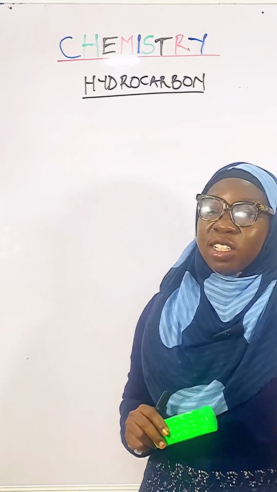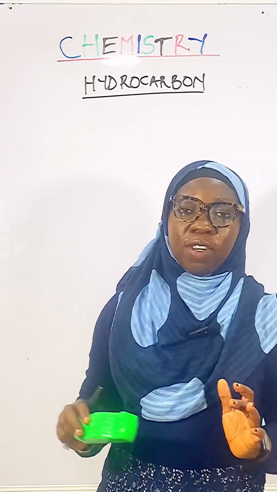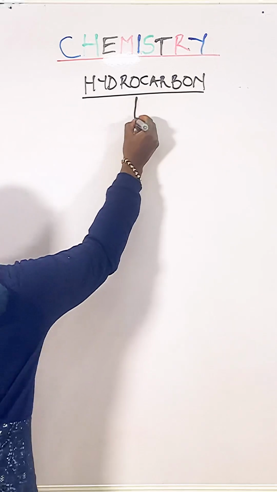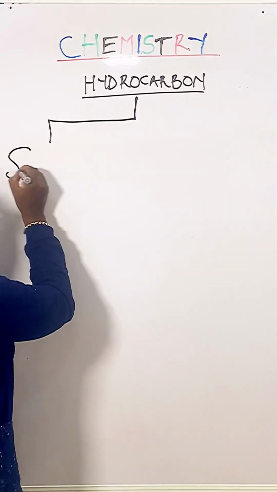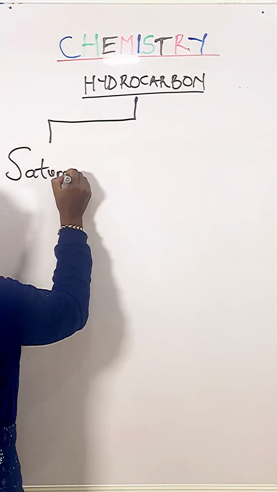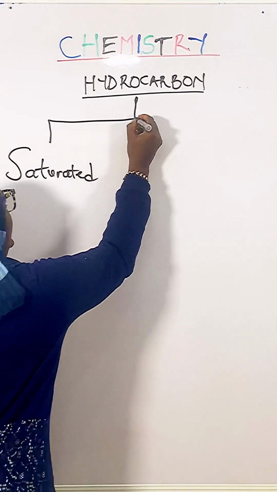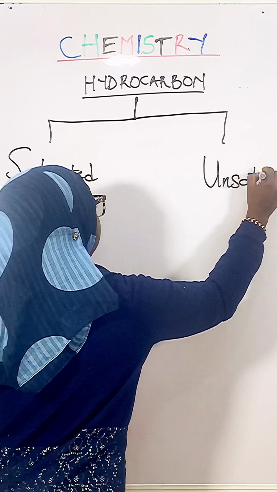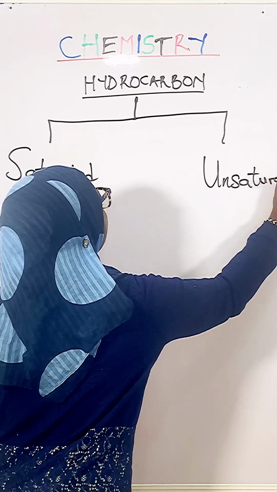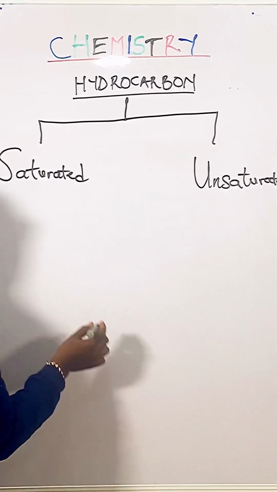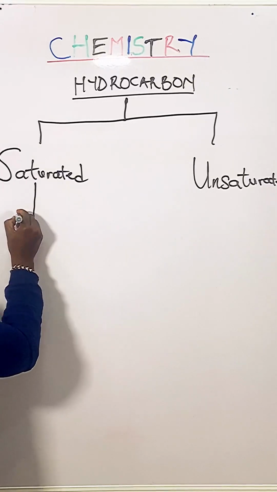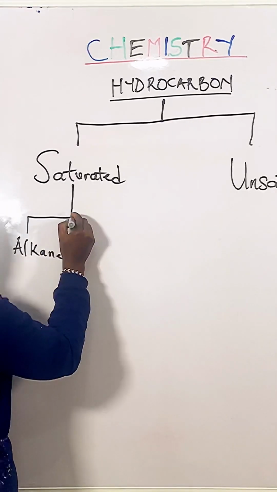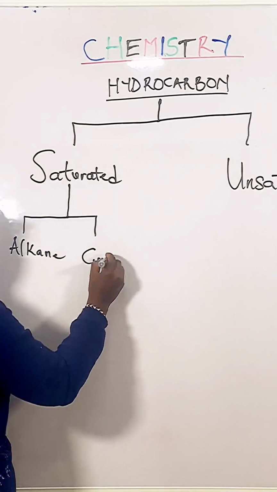Now, let us look at the classification of it. Hydrocarbons can be categorized into two. We have the ones that we call saturated. Then we also have the one that we call unsaturated hydrocarbon. Under saturated hydrocarbon, we have what we call alkane and also cycloalkane.